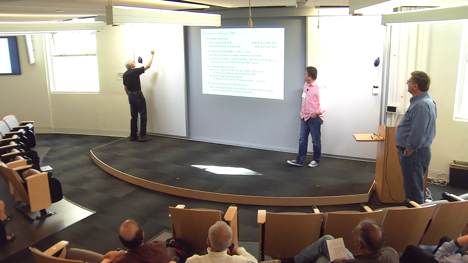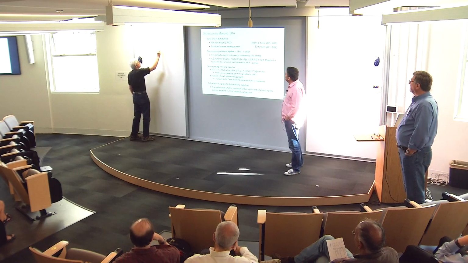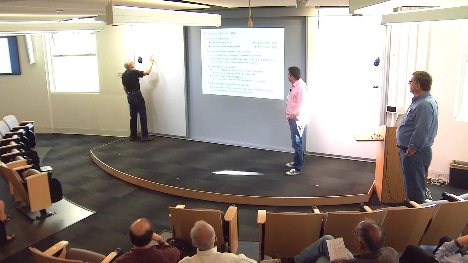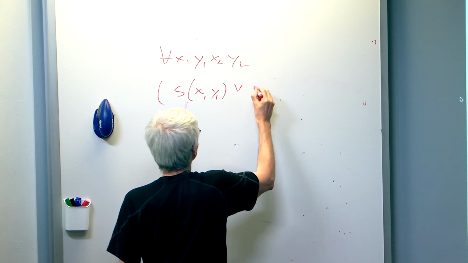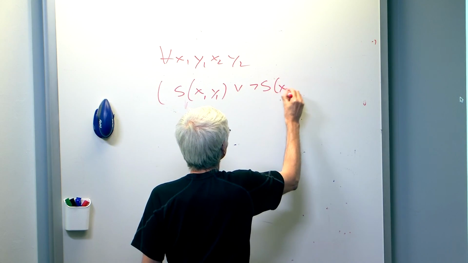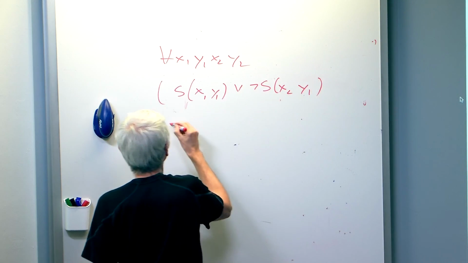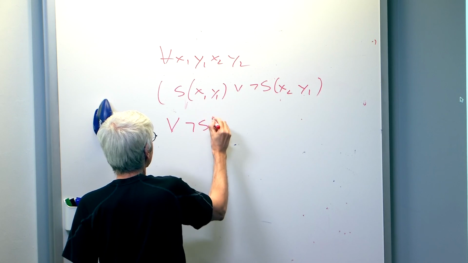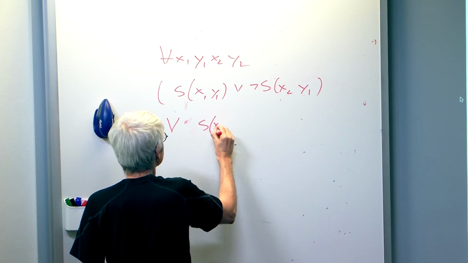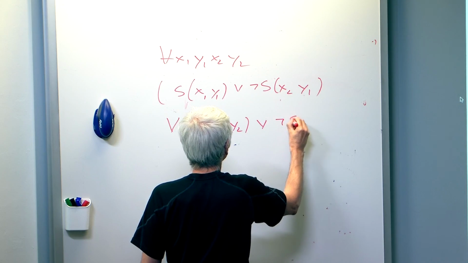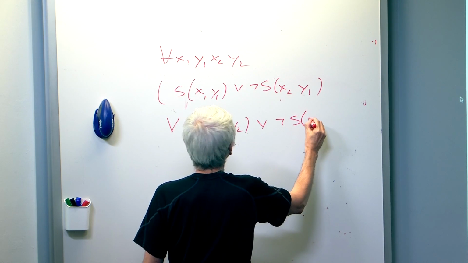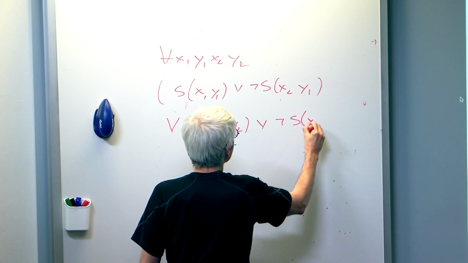For x1, y1, 2 by 2, s, just one symbol, x1, y1, or not s, x2, y1, or not s, 2 by 2, or not s, X1 by 2.